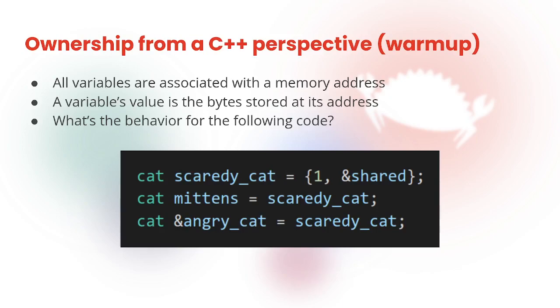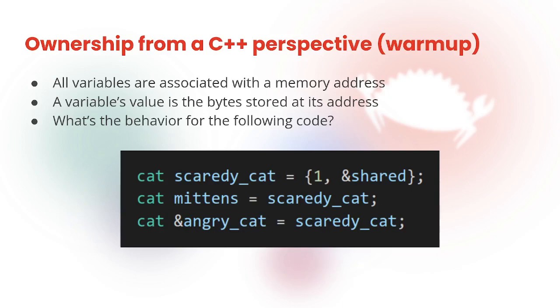In my opinion, pointers and references are kind of just semantic sugar for const pointers. But technically, every variable has a unique memory address. So technically, angry cat has its own memory address. And what's stored at angry cat's memory address?